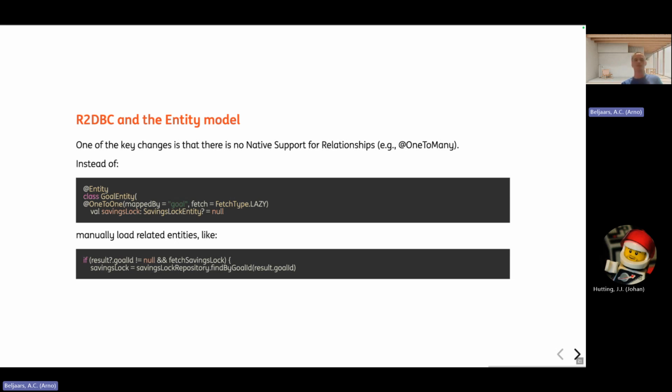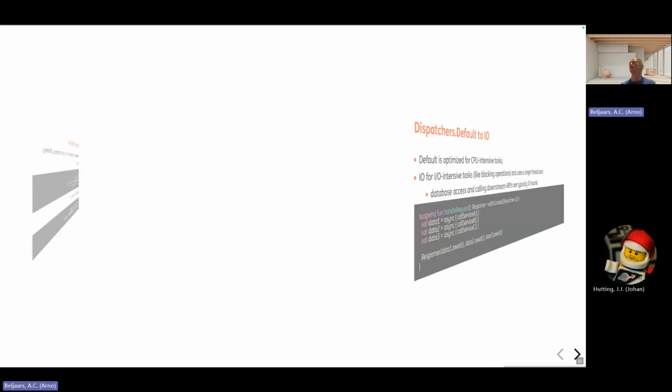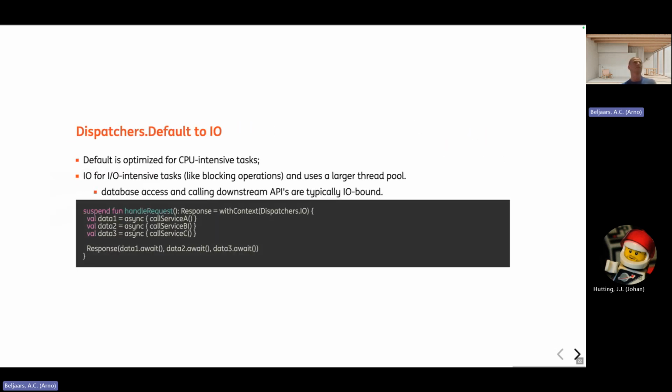But one thing you definitely should look at, if you did not do it already, is the dispatcher that you use. Dispatchers are used like a traffic controller. They say which thread should be used for a certain coroutine. Should you use the main thread, or a background thread, or a different thread pool?